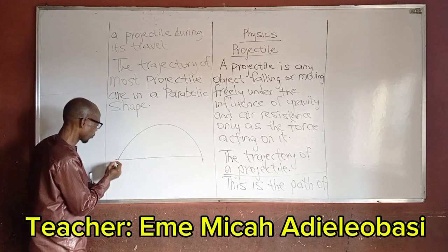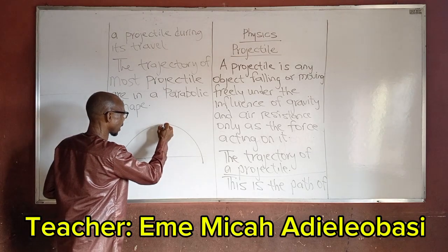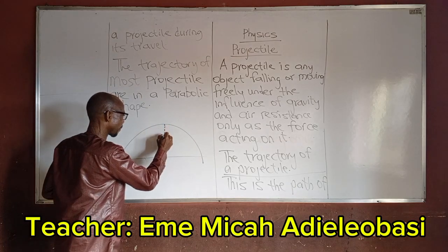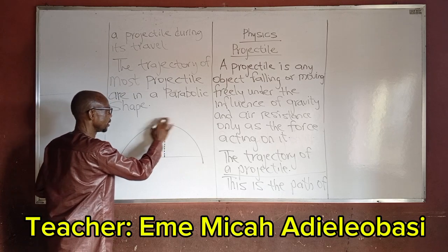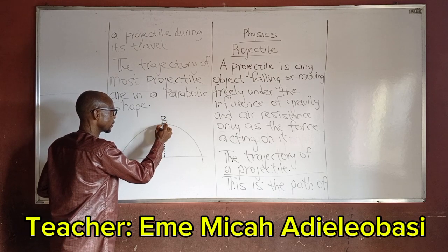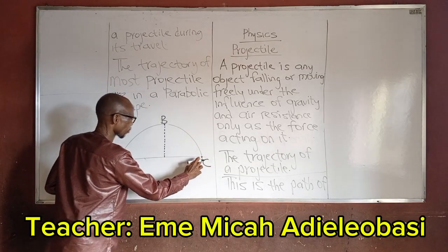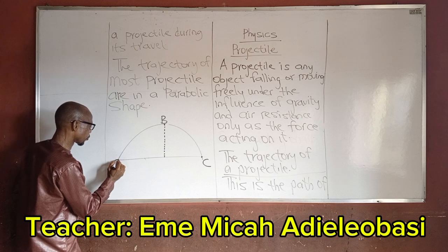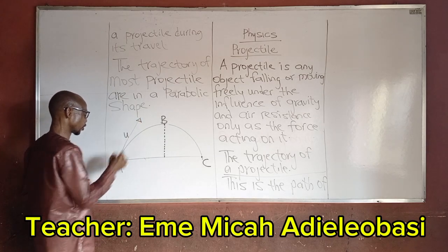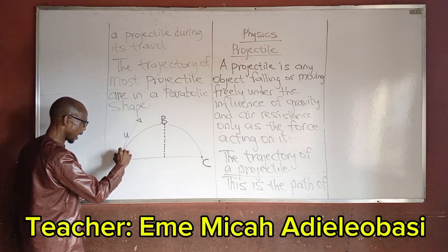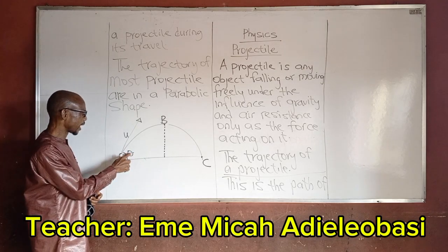Let me take this shape and this is point A. I'll take the middle here, this is point B. And I'll take this point as point C. And the projectile is released from this point. This is the initial velocity of the projectile release. And this direction here, I'll take it as what? Theta.